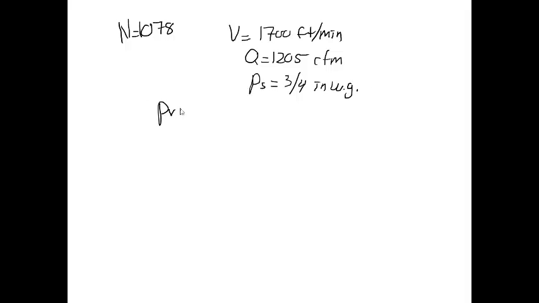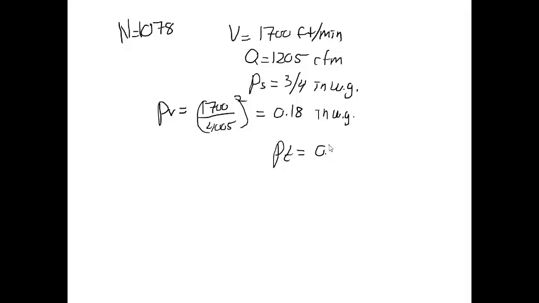If I were to find my velocity pressure, it would be 0.18 inches of water, which gives me a total pressure of about 0.93 inches of water.